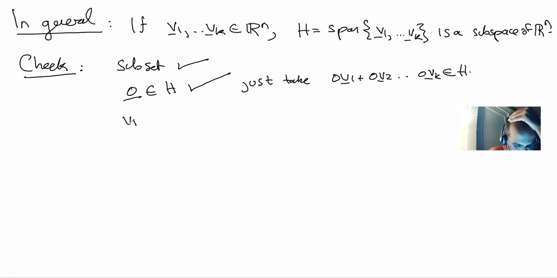What about the sum property? Let's check this. Suppose you have two linear combinations in this set.